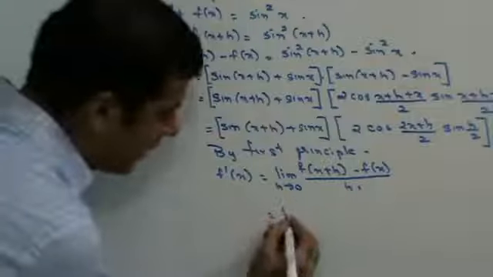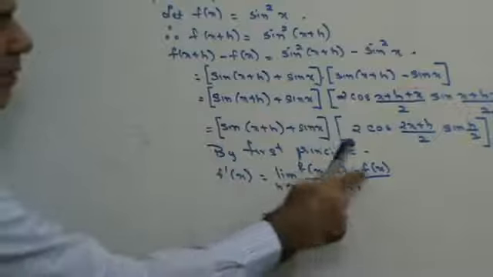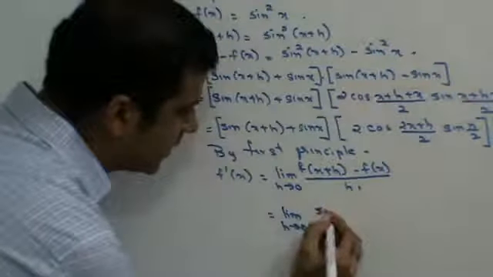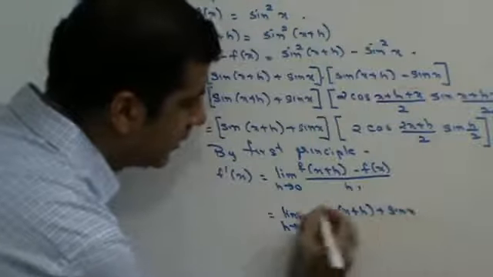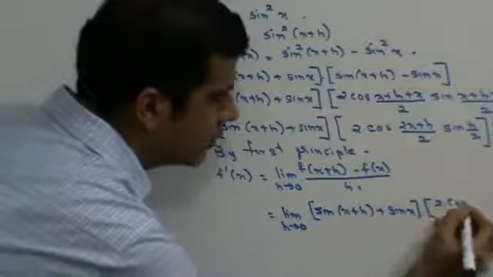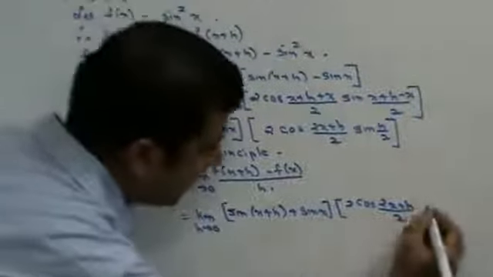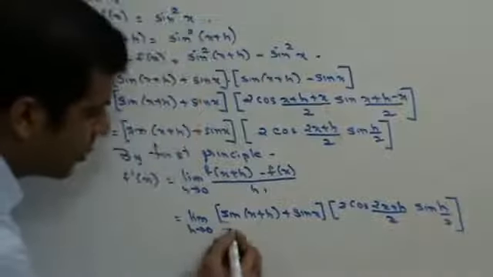This can be written as limit of h tends to 0. F of x plus h minus f of x we found out is this, which is nothing but sin(x plus h) plus sin x into 2 cos of (2x plus h) by 2, sin h by 2, upon h.